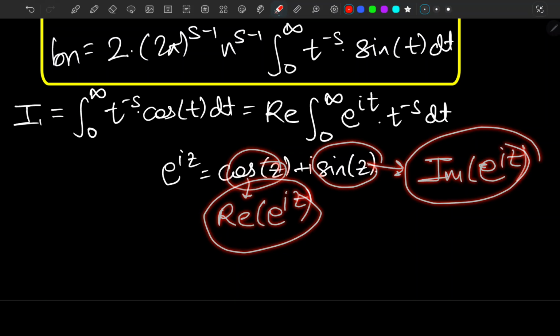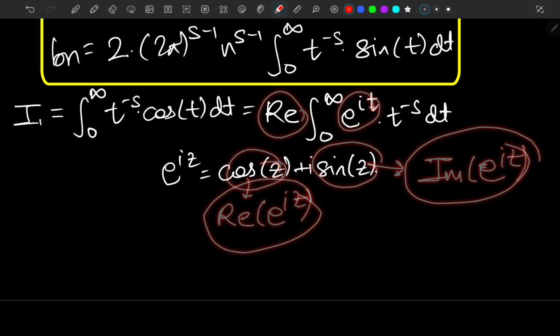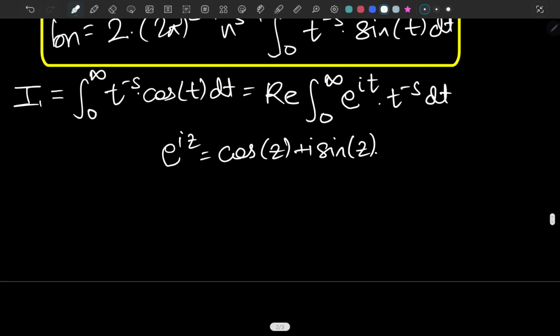Therefore we can say it's the real part of e to the I t, which is going to give us cosine of t that we had earlier, right? We are doing these things just because we have to relate this to the gamma function. So I1 can also be written as integral from 0 to infinity, or let's consider using a u-substitution here.